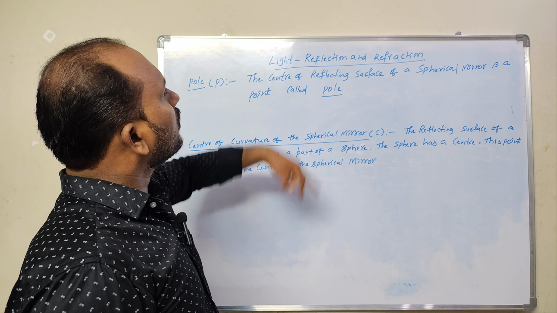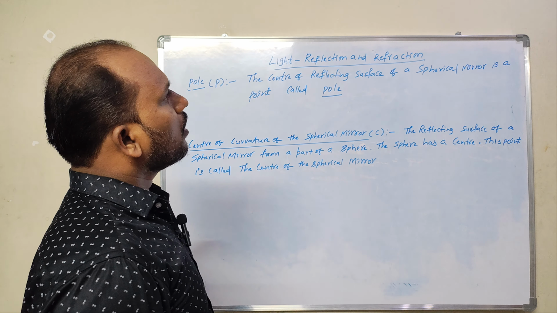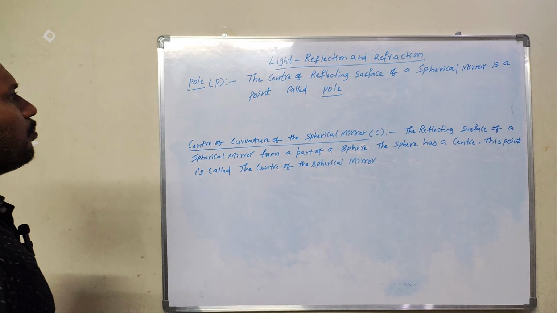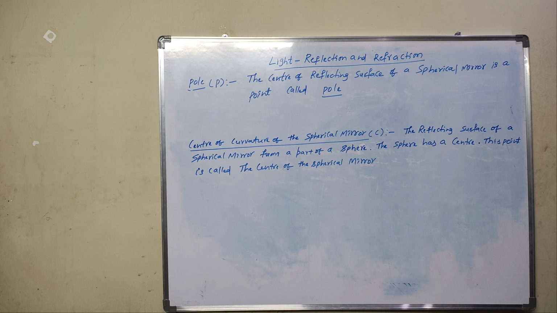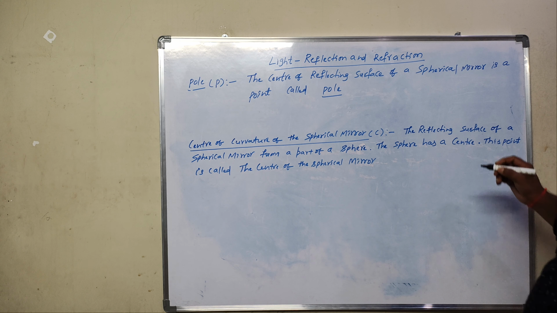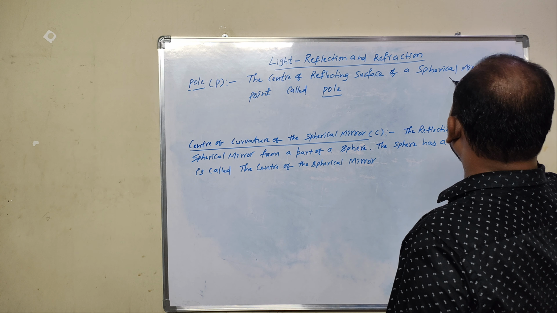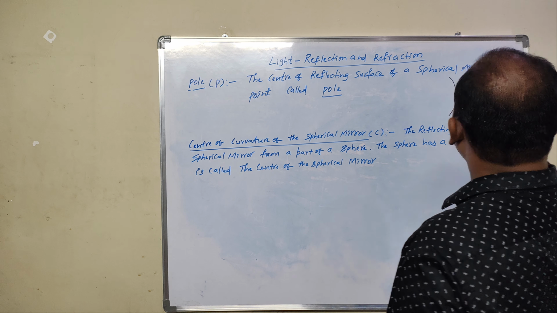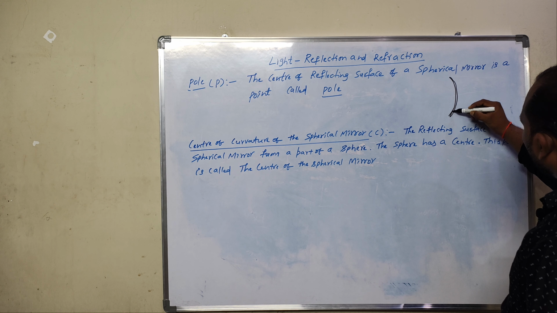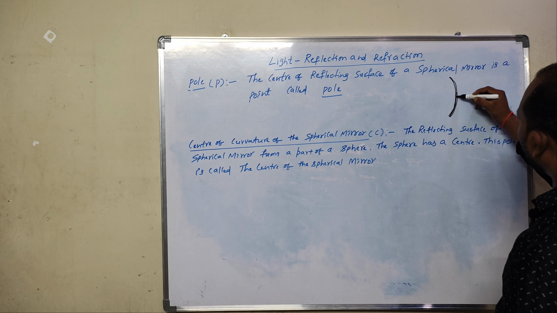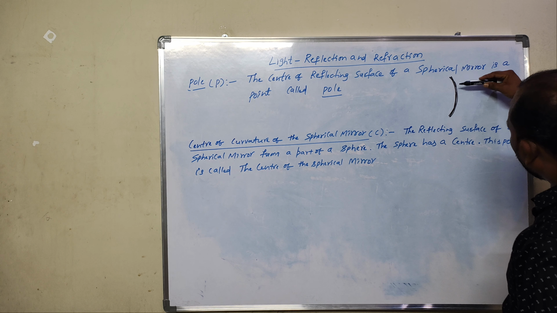See guys, the center of the reflecting surface of a spherical mirror is a point called pole. So what is the meaning of it? What is a spherical mirror? Let's take an example. There is a change in the spherical mirror diagram also. We should not use the rough surface; we should use the shaded region only.